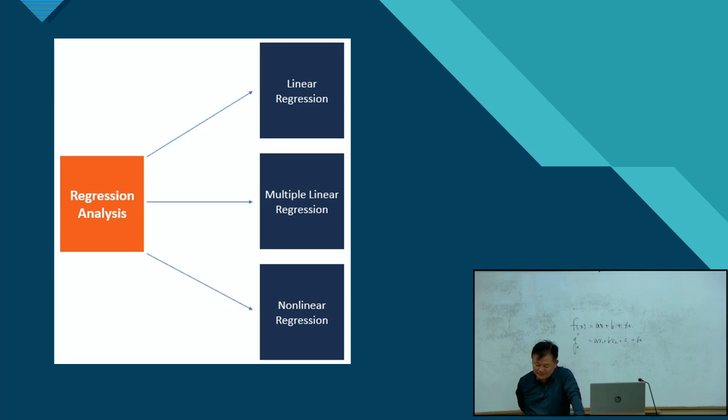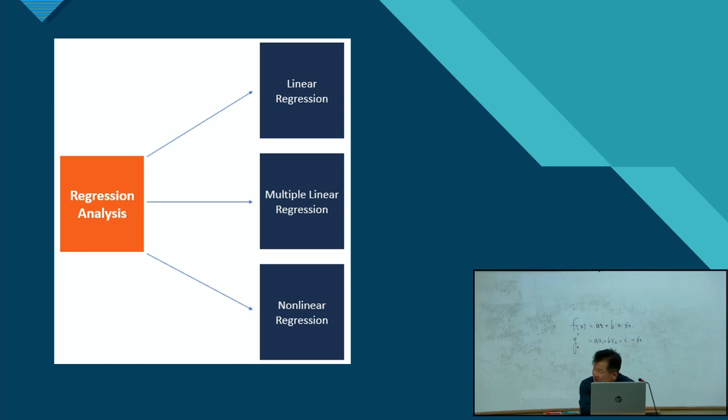When dependent and independent variables show a non-linear relationship, at that time we use non-linear regression analysis. It's a denser, highest level regression. Anyway, regression is a very powerful tool for analysis between variables.